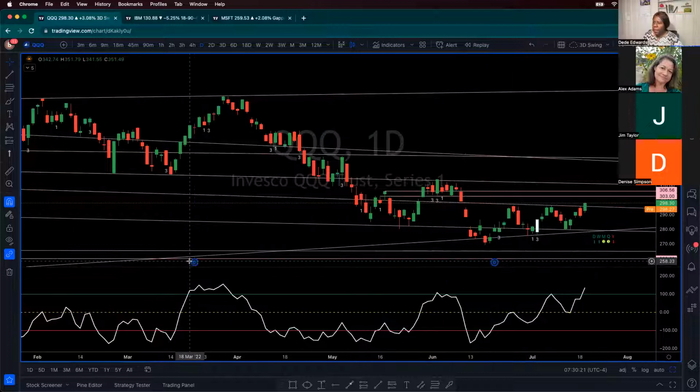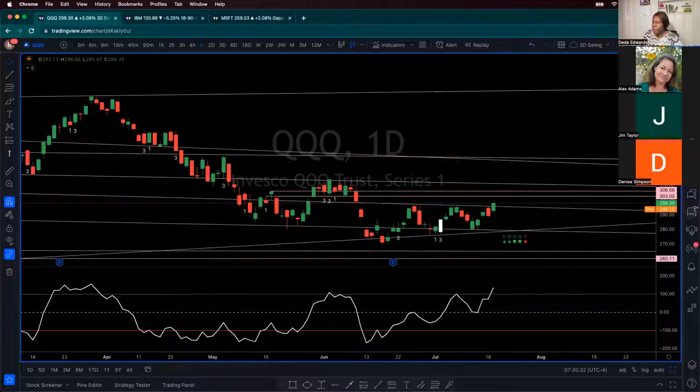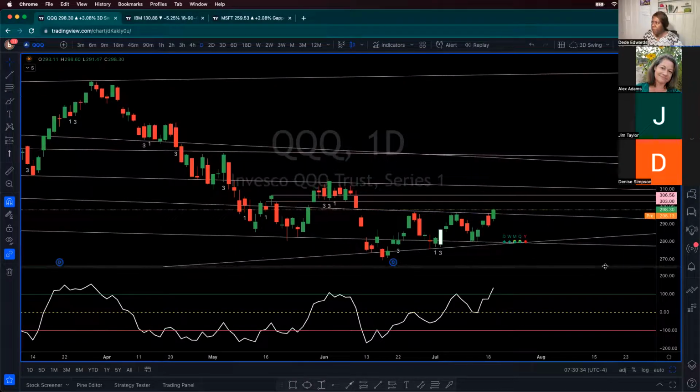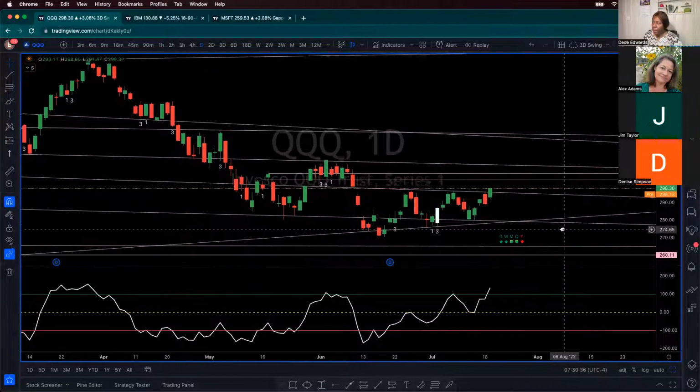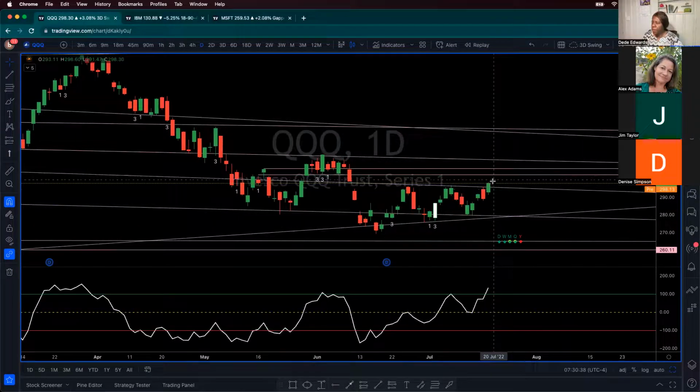The last time that happened was in March, and you can see it traded to the upside for several days. So what does that mean? Well, we've got to keep our eye on it. I don't trust this market, but as long as the market is trading up, we have to look at where we think potential targets are to the upside.